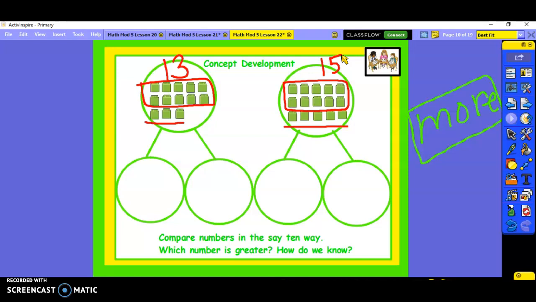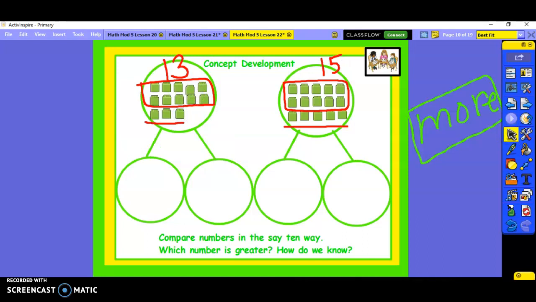I think it would help if we broke our teen numbers into 2 parts to help us really look at this number. Let's go ahead and break 13 up. I want you to say 13 the Say 10 way. Yes, 10, 3.